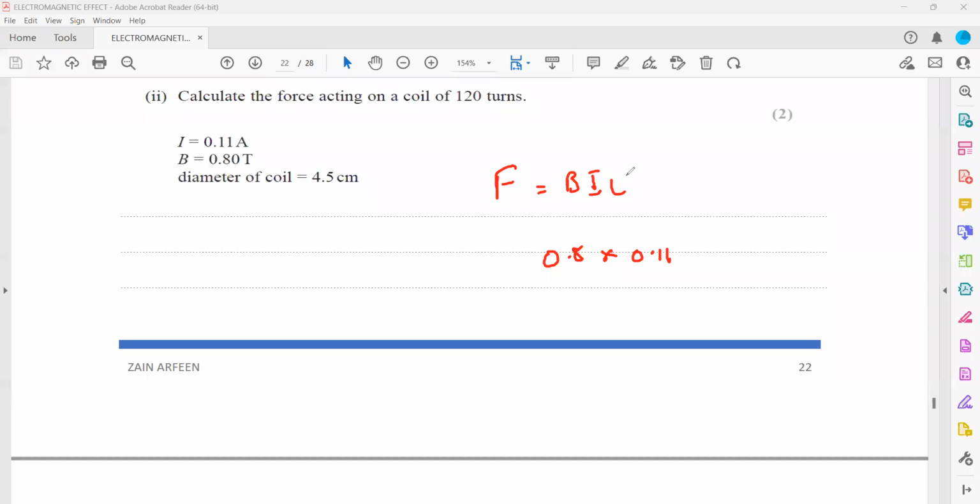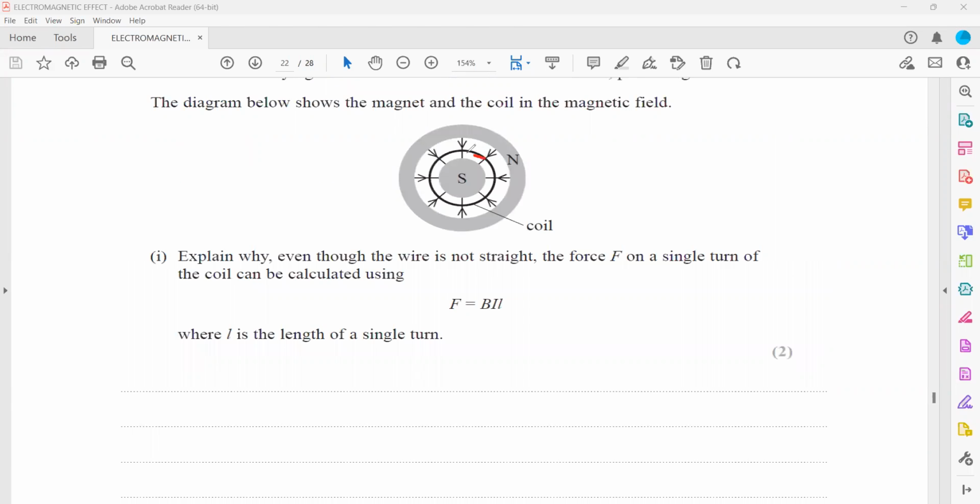This length of wire is actually the circumference of the circle, because L means the total length of wire placed in a magnetic field. Because it's a circular wire, the total length of wire placed in the magnetic field equals the circumference, that is 2 pi r.